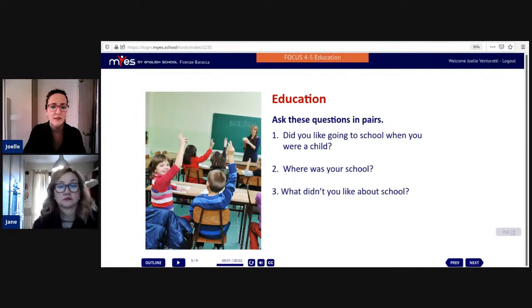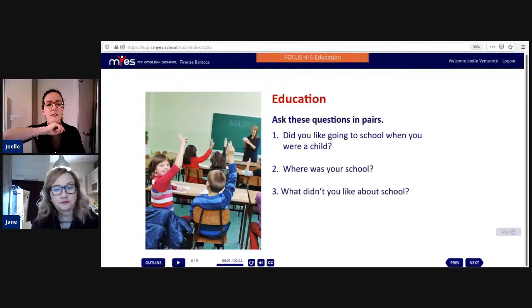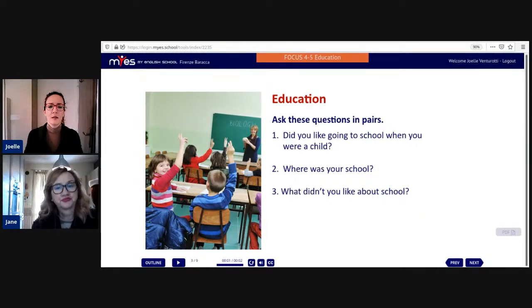All right, so here we've looked at the question form in the past simple. Can anybody look at the example of the question form, and how do we form the past simple, not with to be, but with like? What do we need to use if our main verb is not the verb to be?